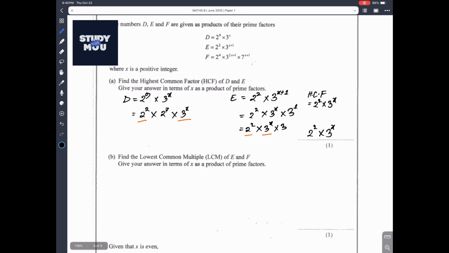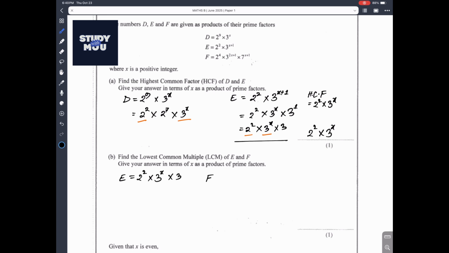10b, find the lowest common multiple, LCM, of E and F. Give your answers in terms of x as a product of prime factors. Okay, so E and F. Let's expand E. E is equal to 2 squared multiply 3 to the power x multiply 3.